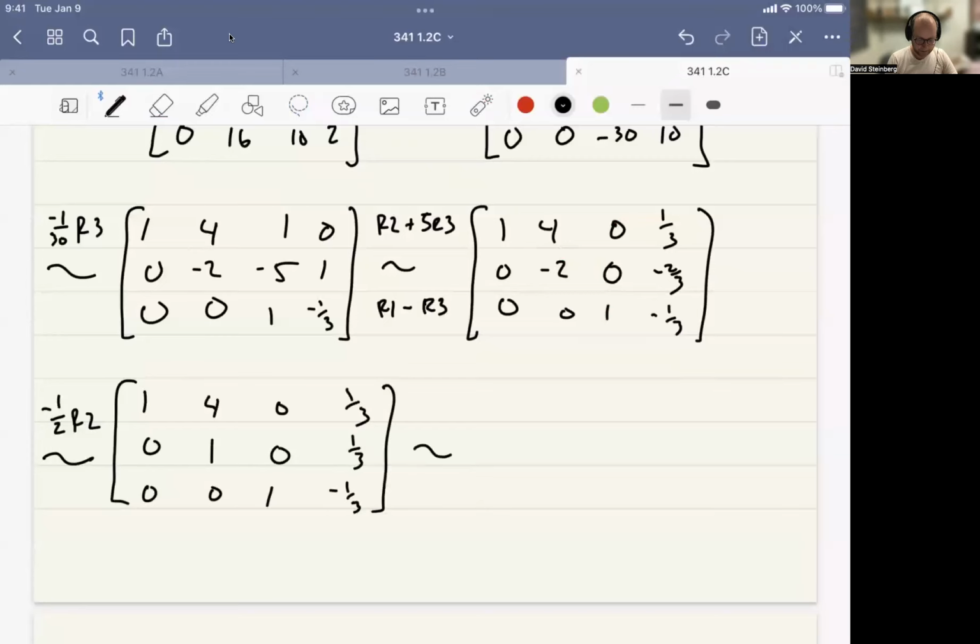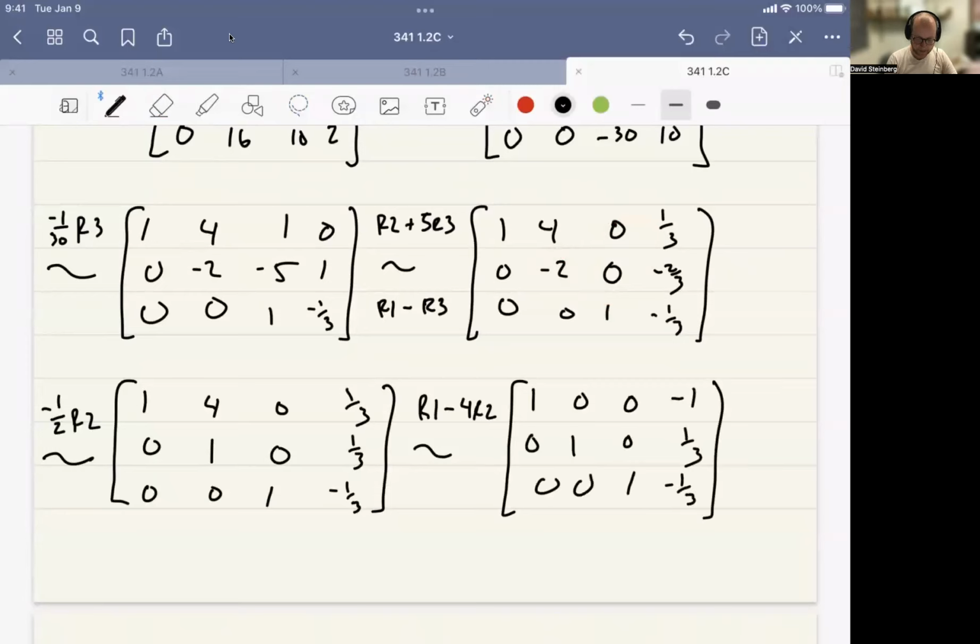Okay, and then finally we want row 1 - 4 row 2. 1, 0, 0. Doesn't look right. Oh yeah, so 1/3 minus 4/3 is -3/3 or -1. Okay, 0, 1, 0, 1/3, 0, 0, 1, -1/3.